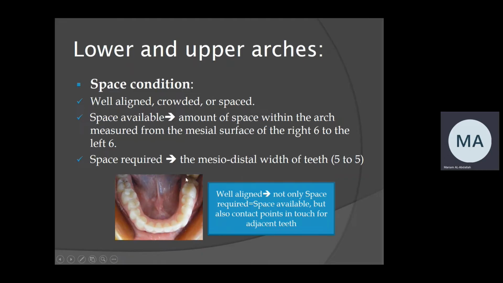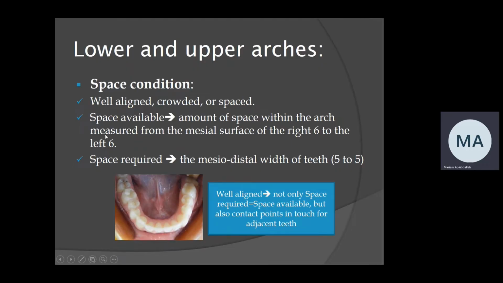Okay, if not, then we need to choose crowding or spacing. The space available is the length of the arch that the patient has. Space required is the mesiodistal width of the teeth that should occupy this arch. Okay, the difference between them is the space condition.